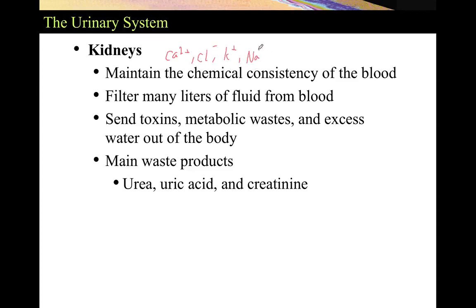These are the main ions that you can balance. If you have too much of them, or if you need to store extra ions, your urinary system can reabsorb them and return them back to your blood for use by your cells.